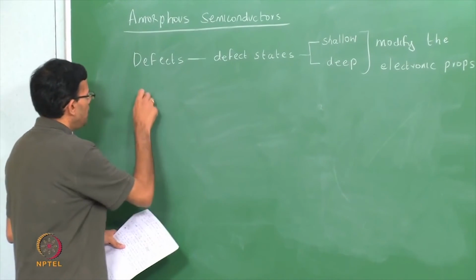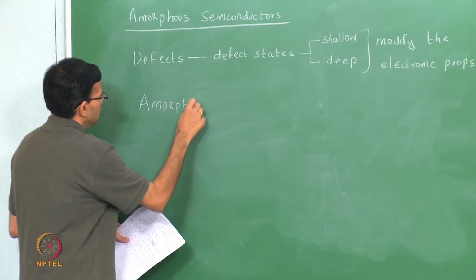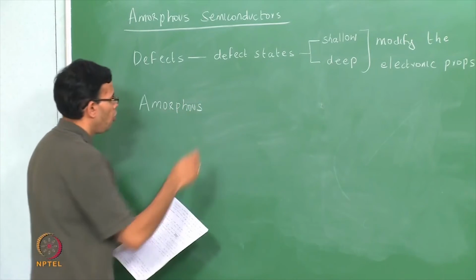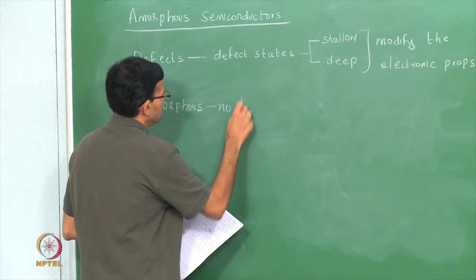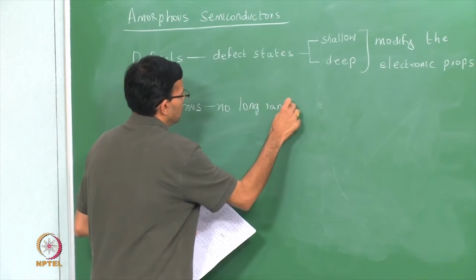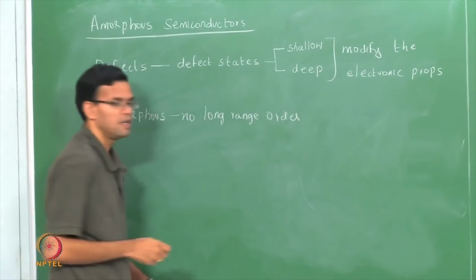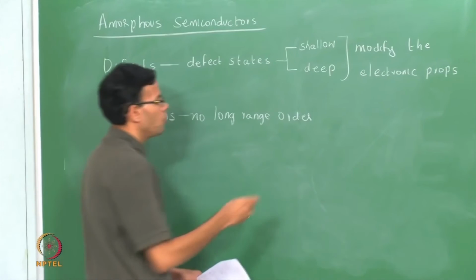An amorphous material has essentially no long range order, which means there is a large density of dangling bonds.